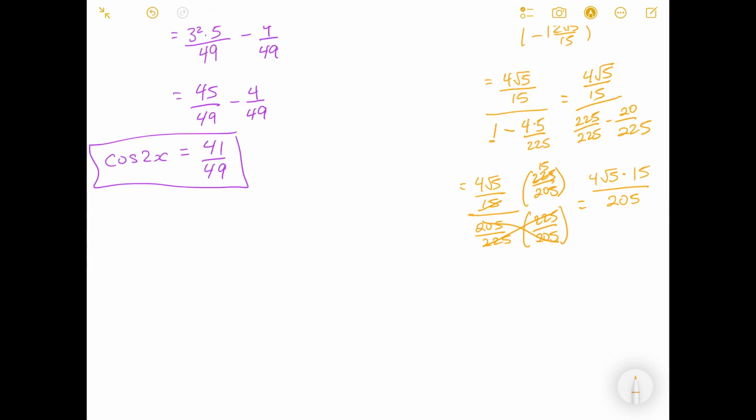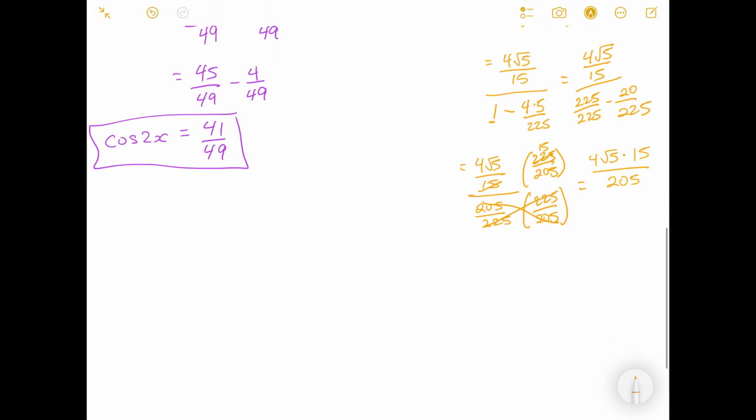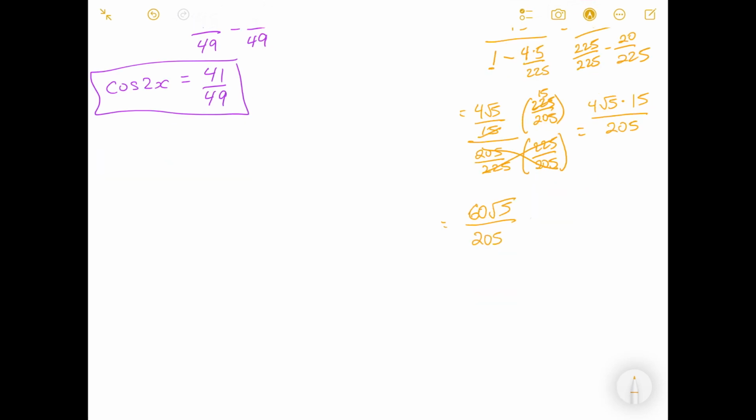And 4 times 15 is 60. So I've got 60 root 5 over 205. I need to see if this is going to simplify any further. At first look, 60 divided by 205, I don't get a nice number there. You might think it doesn't, but I can see both of these numbers at the very least are divisible by 5.